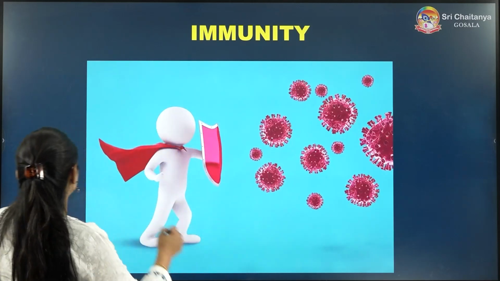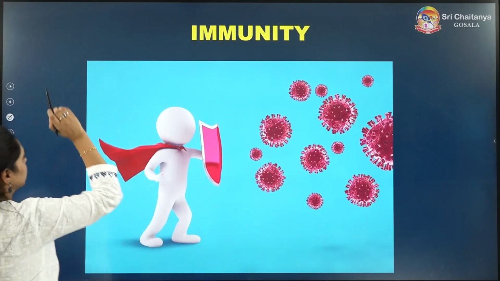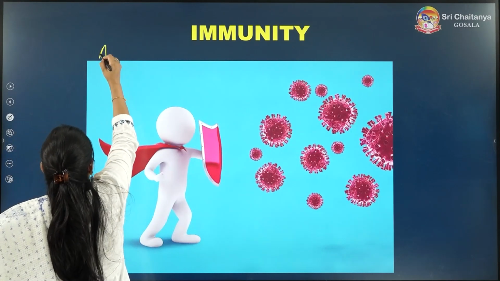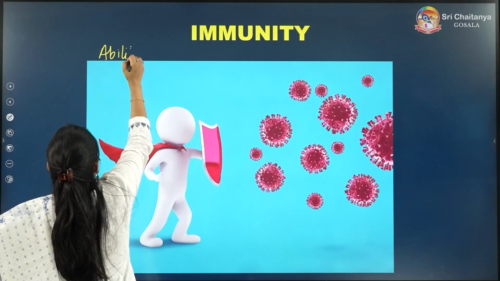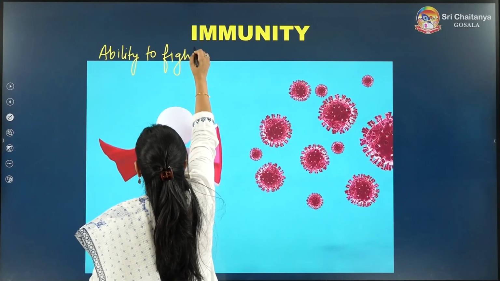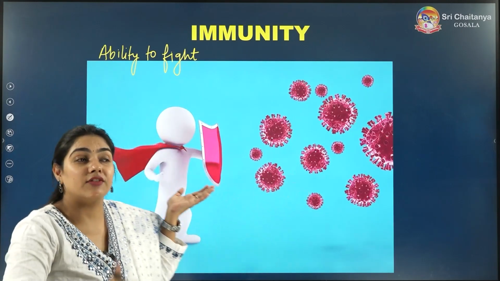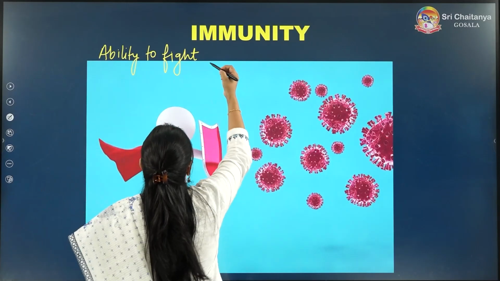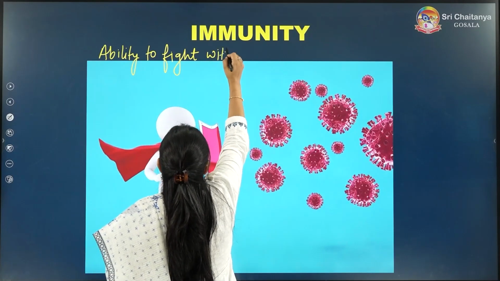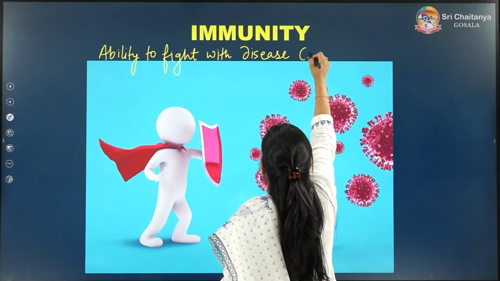So dear students, let us write what is immunity. Immunity is the ability. You all have this ability to fight. Not with each other, okay? Don't fight with each other. So this is the ability to fight with whom? This is the ability to fight with disease causing microorganisms.